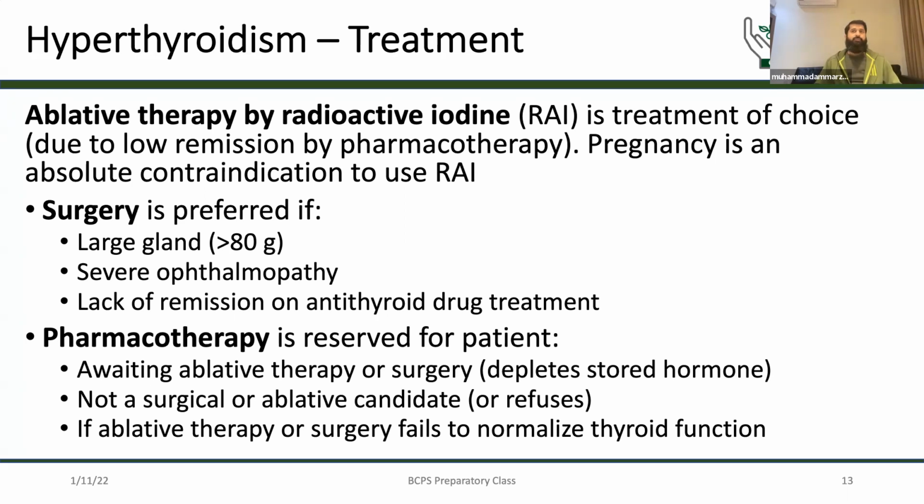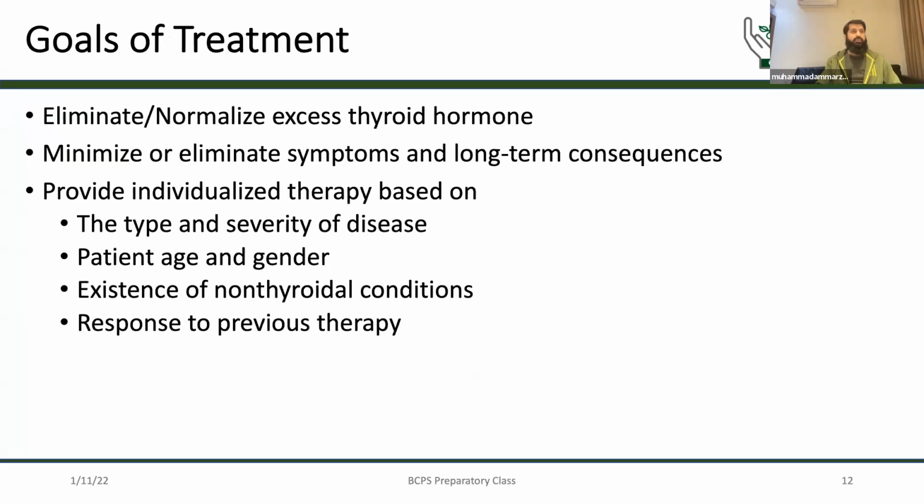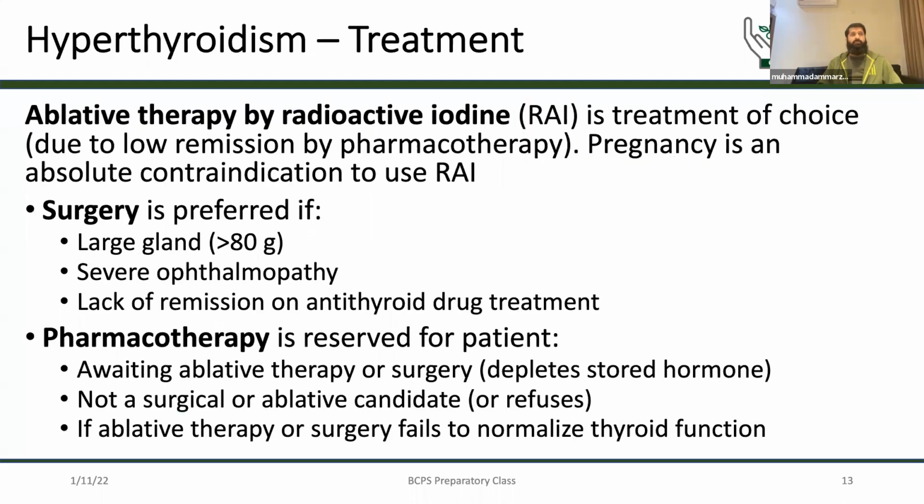So we discussed that we have to individualize the therapy based on patient age and gender and circumstances of the patient. So if the patient is, for example, pregnant, then obviously ablative therapy by radioactive iodine is not an option at all. This is a contraindication. Surgery is also preferred if the size of the thyroid gland is large, more than 80 grams.